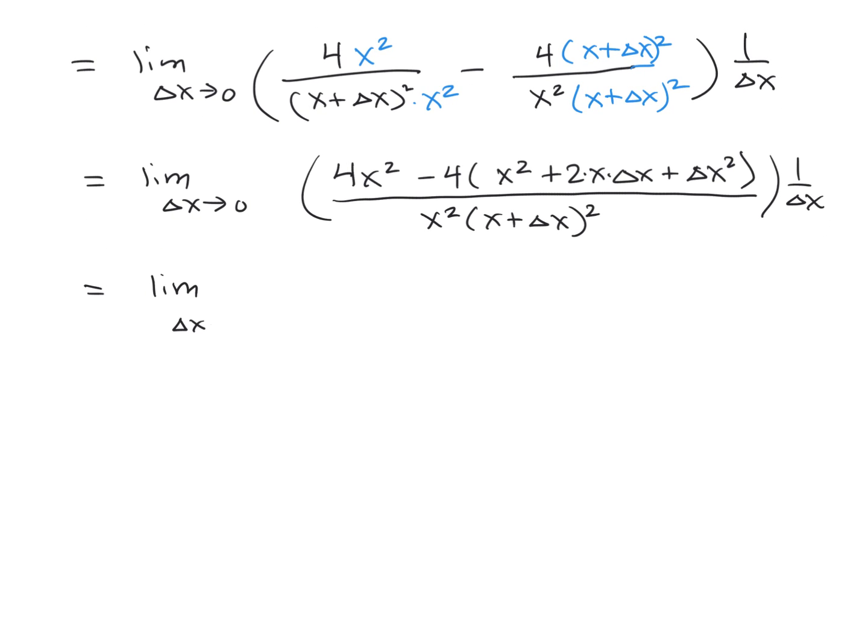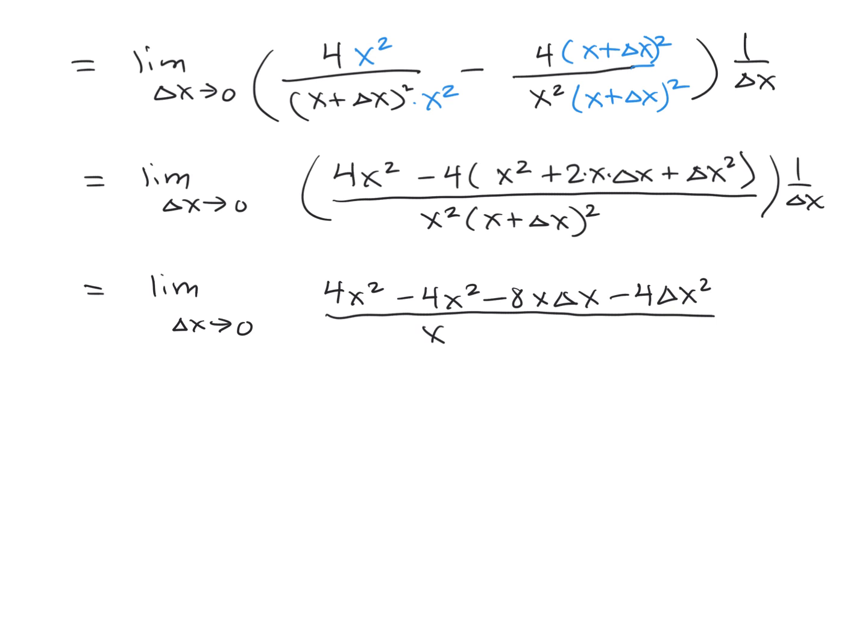Further distributing, we've got a 4x squared minus 4x squared minus 8 times x times delta x minus 4 times delta x squared over our x squared times x plus delta x squared, again times a 1 over delta x.